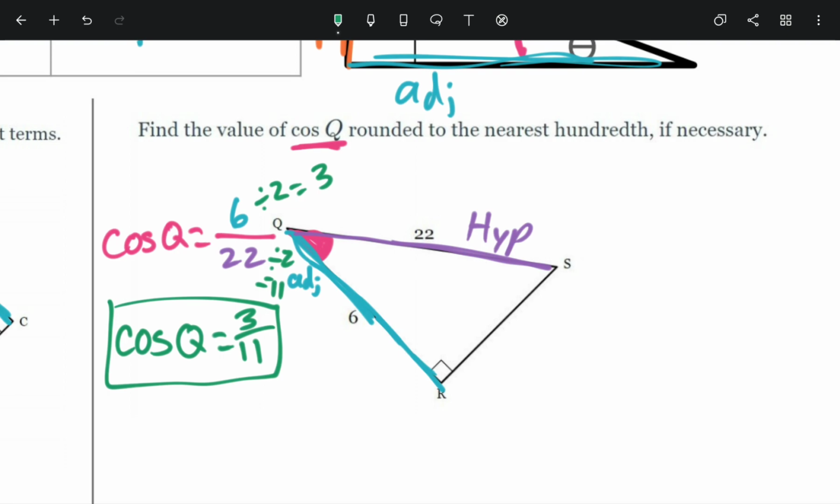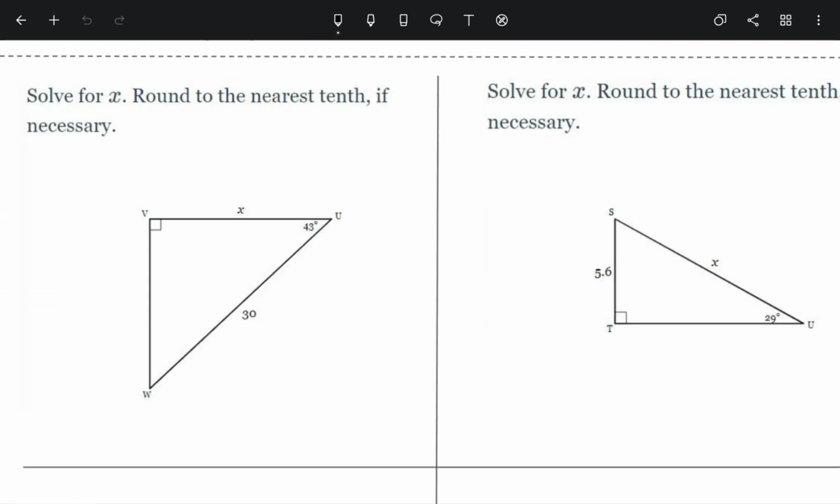But now we are going to be using this information to find the value of a missing side. So let's flip to the next page. And we want to solve for x, rounding to the nearest tenth if necessary. So my reference angle is right here.